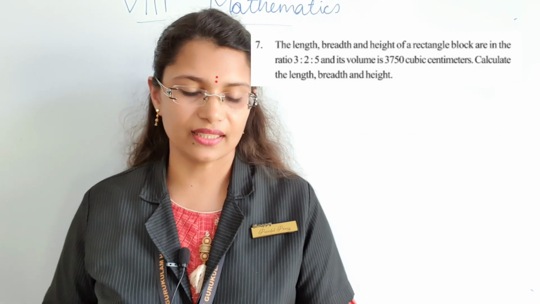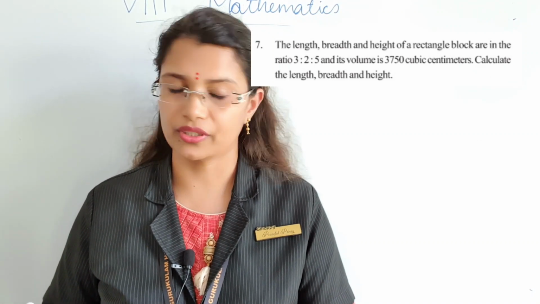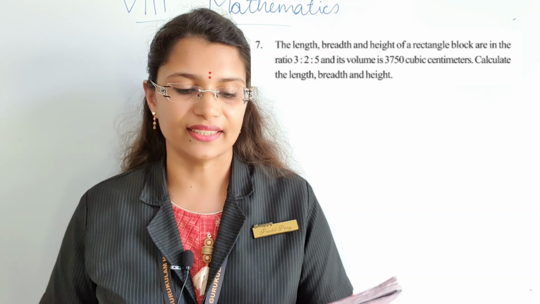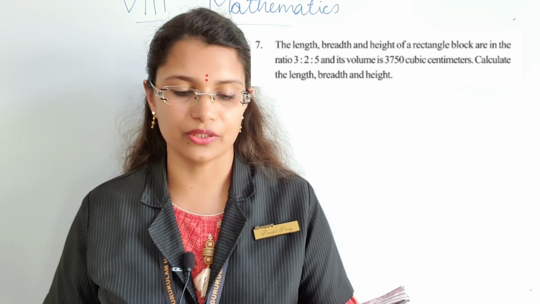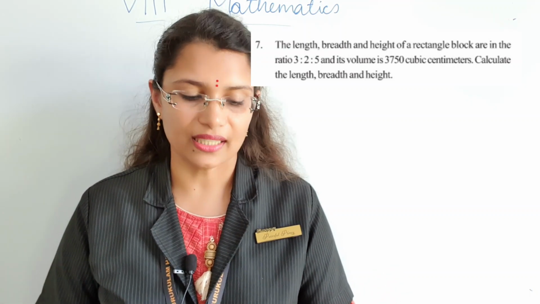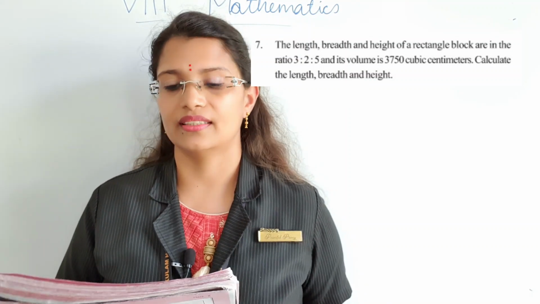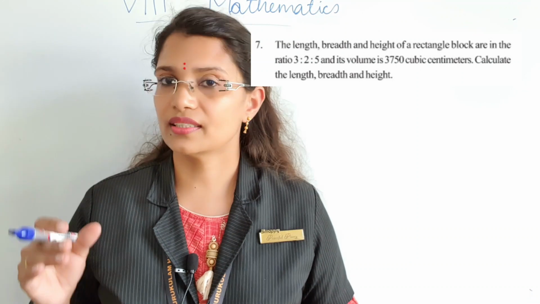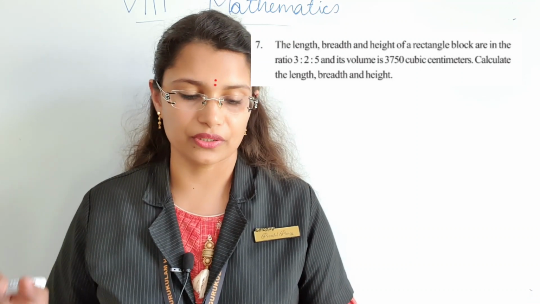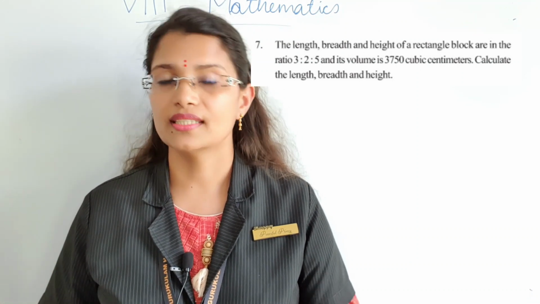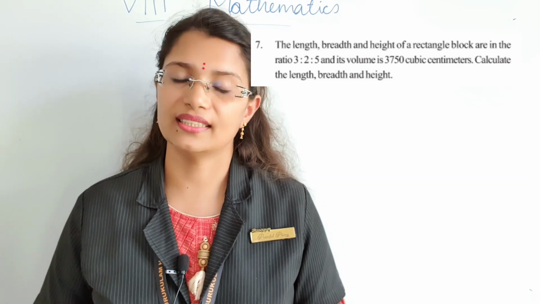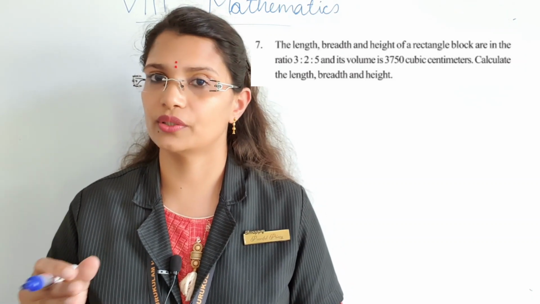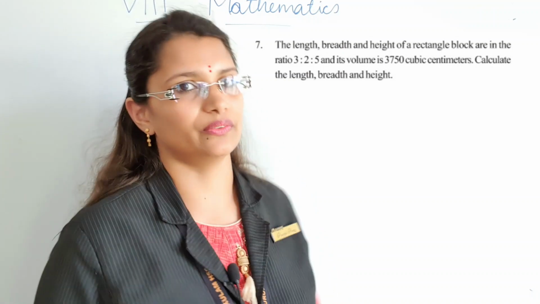Children, seventh question. The length, breadth and height of a rectangular block are in the ratio 3:2:5 and its volume is 3750 cubic centimeters. Calculate the length, breadth and height. So children, here it is given that volume is equal to 3750 cubic centimeters. You already learned that volume of a rectangular block is equal to length into breadth into height, right?